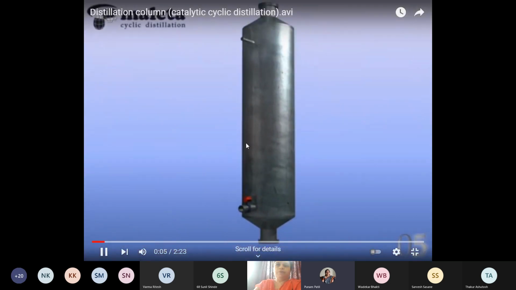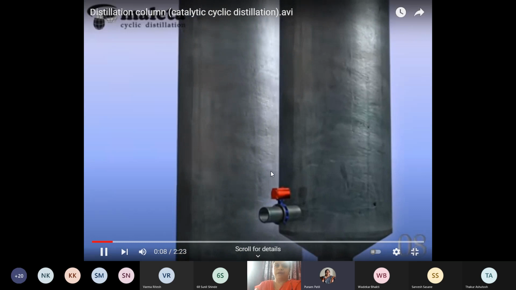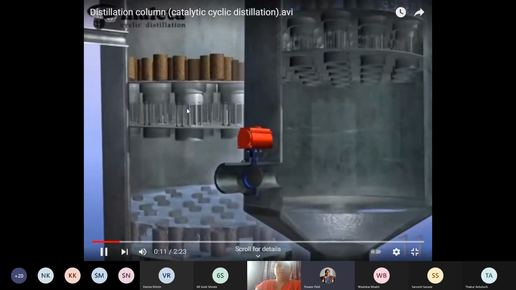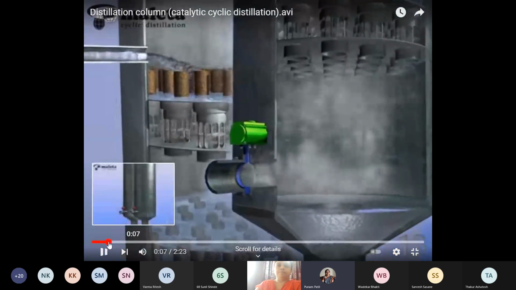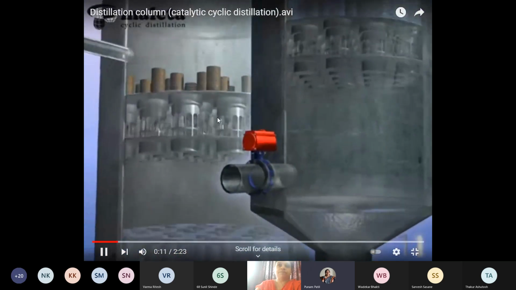There are some innovative methods for mass transfer. So some modification in the caps. You can see there is a cap, but the shape is different.